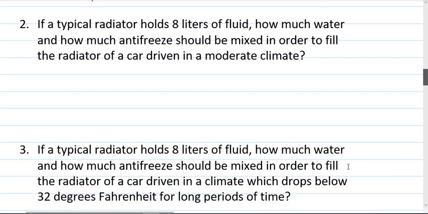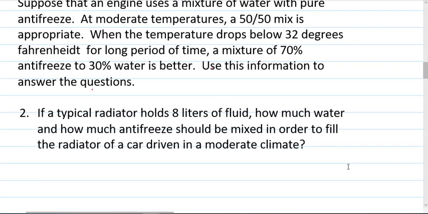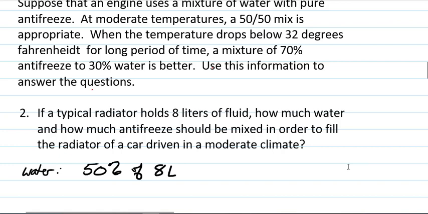So, if a typical radiator holds 8 liters of fluid, how much water and how much antifreeze should be mixed in order to fill the radiator of a car driven in a moderate climate? Well, we said that in a moderate climate, we want 50% water and 50% antifreeze. So the amount of water should be 50% of 8 liters. Well, 50% is half, right?